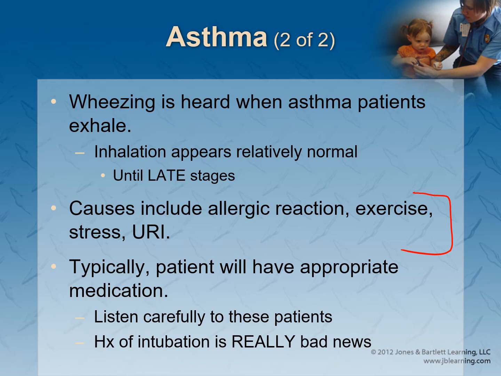But when you have a ton of resistance against a passive process, which if you go back to the airway lecture, exhalation is our passive process, you don't have anything helping to make that happen, so the air gets stuck in the expiratory phase.